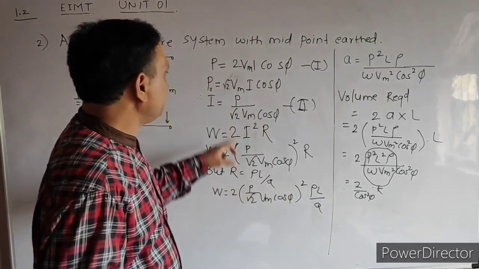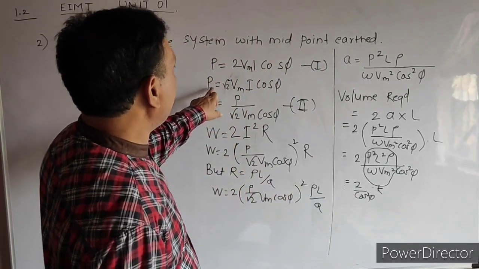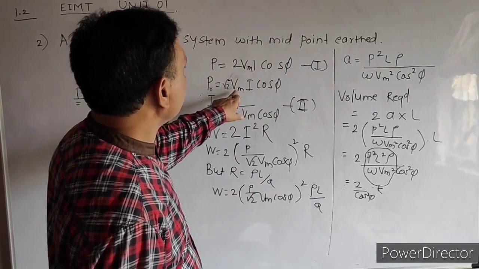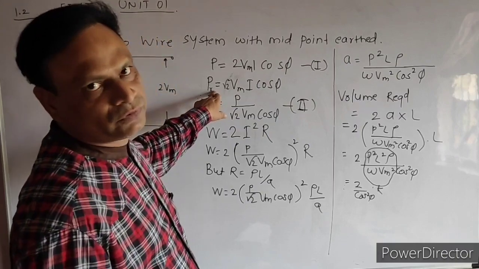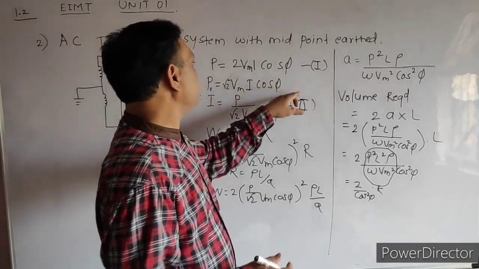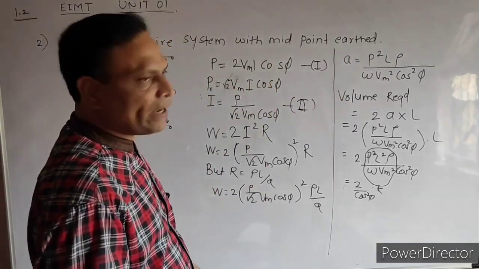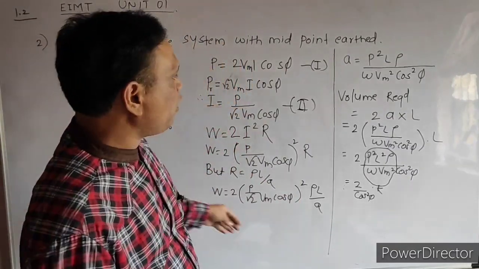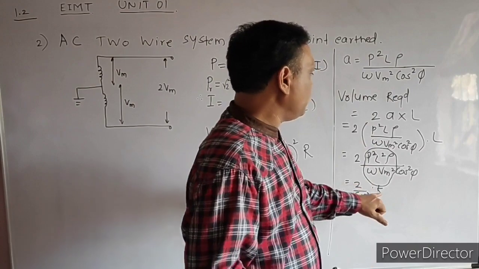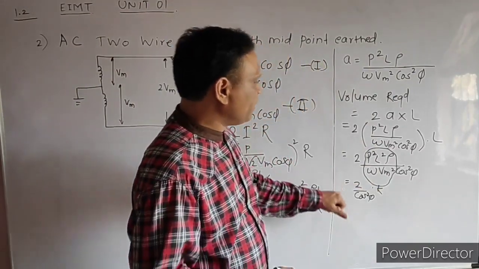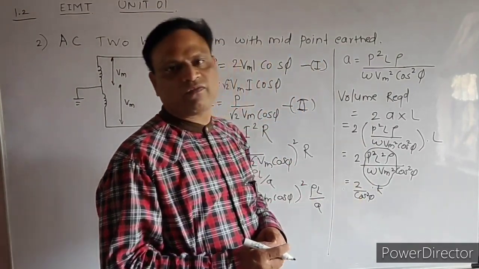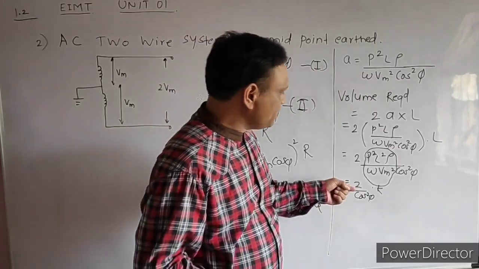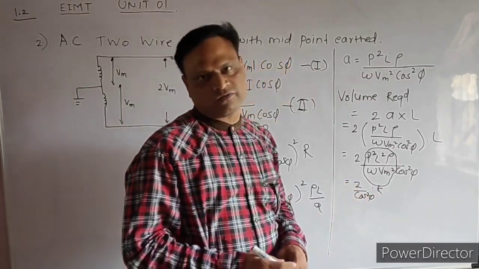Please keep in mind that this power is in terms of RMS value. We have used the equation root 2 Vm into I cos phi, which is an RMS value. So we have obtained the volume of conductor as 2 upon cos square phi into K, so you can say 2K upon cos square phi.